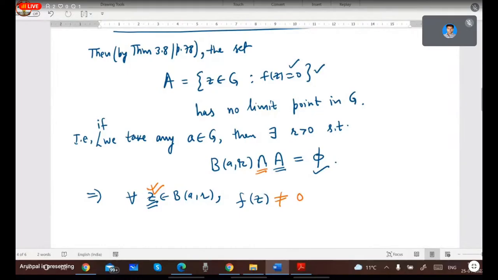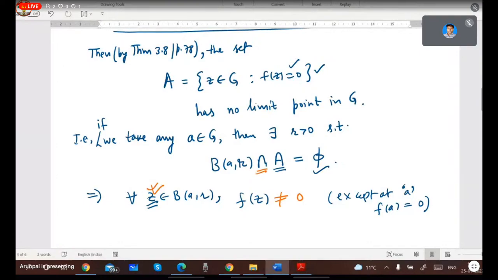Of course, except, class, no need to bother, except at a, where we are already given that the value of f is 0. So other than a, is this okay?